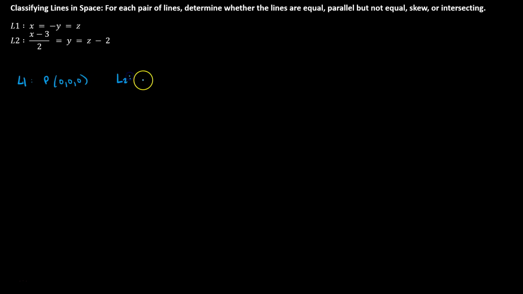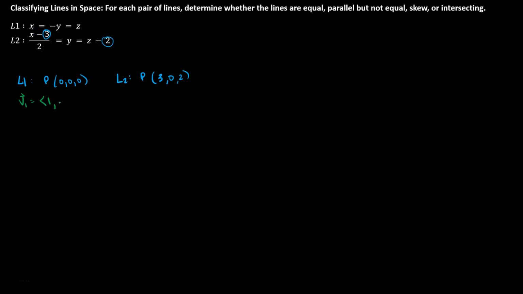From line 2, the point that we're given has the x coordinate 3, y-coordinate would have to be 0, and the z-coordinate would have to be 2. The vector v1 from line 1: that first part of the equality is just x, which if I pretended there was a denominator there, it would have to be a 1 on bottom.